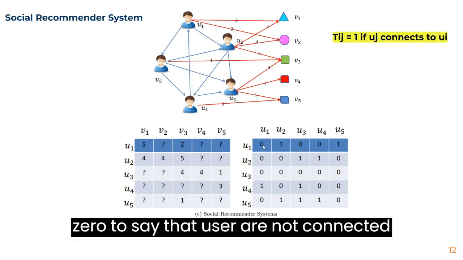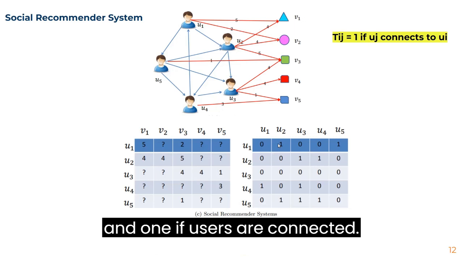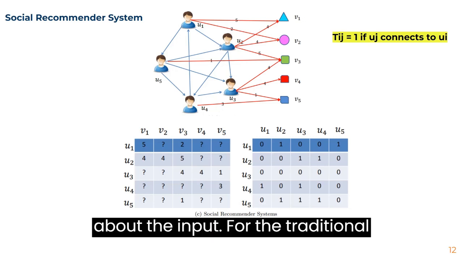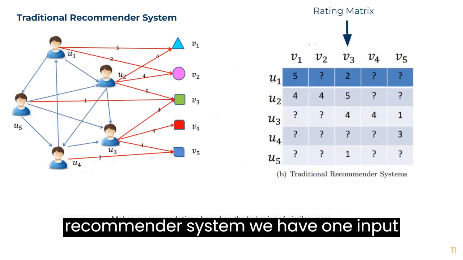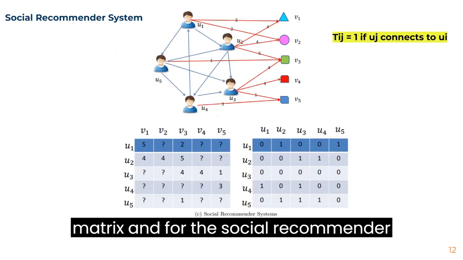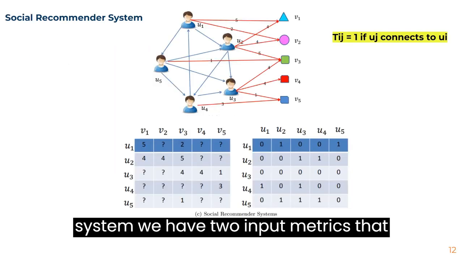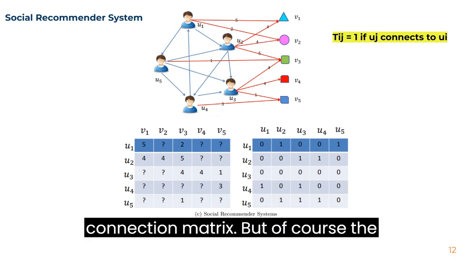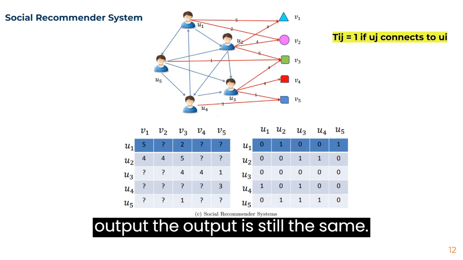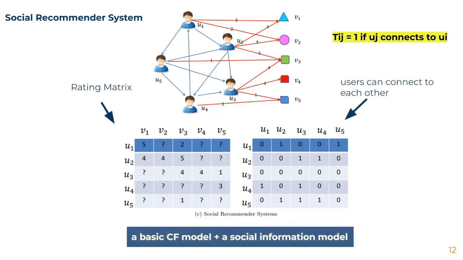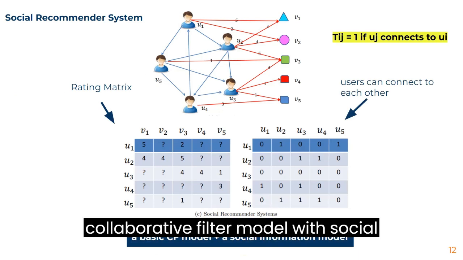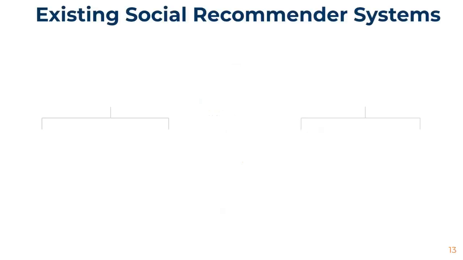Here we have 0 to say that users are not connected, and 1 if users are connected. So the main difference is the input. The traditional recommender system has one input matrix, and the social recommender system has two input matrices: the rating matrix and the connection matrix. But of course, the output is still the same. So it's a basic collaborative filtering model with a social information model.